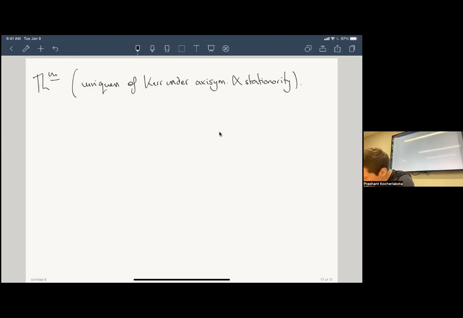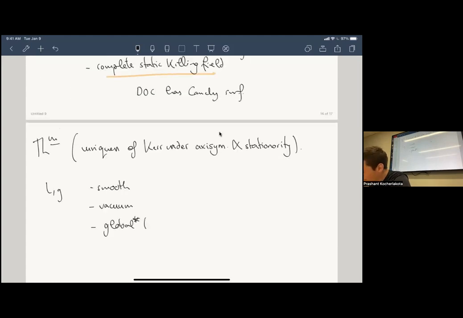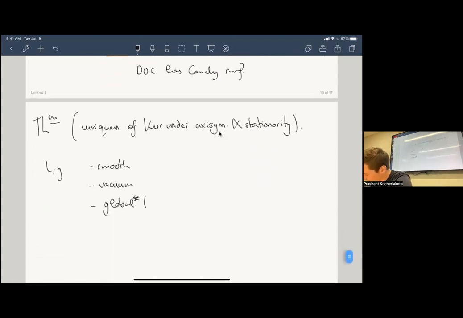It says: (M, g) is smooth, vacuum, with global assumptions that are a little bit stronger than the ones above. The little bit stronger is just something about the generators of the event horizon.